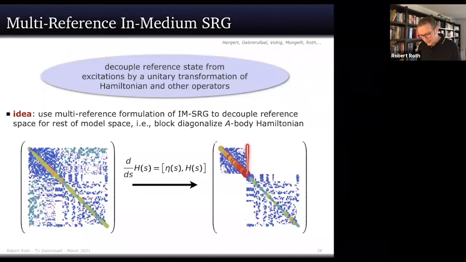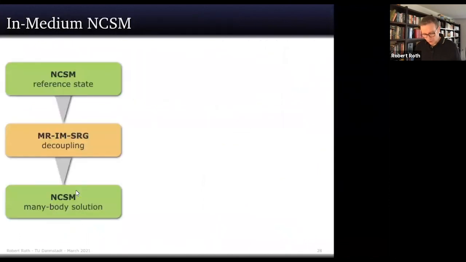I can diagonalize with respect to a block, a tiny reference space, and only suppress this off-diagonal stuff. So that's in some sense a less demanding pre-diagonalization than before. And I'm happy with this because I will use this remaining matrix then in an NCSM calculation. So I can get all the information out of that. And this is in short what this in-medium NCSM is about.